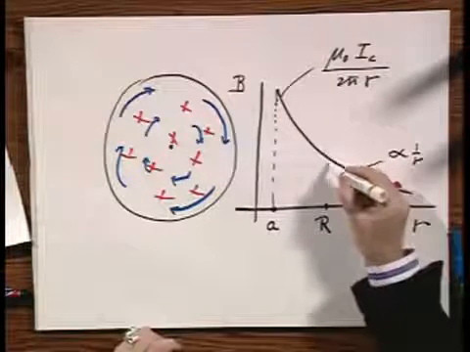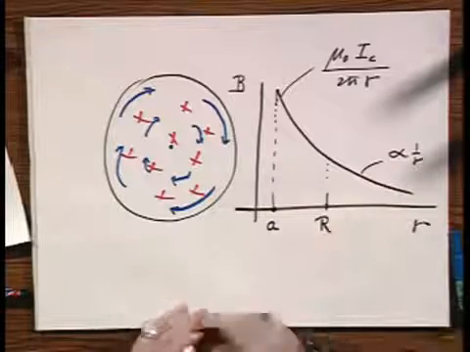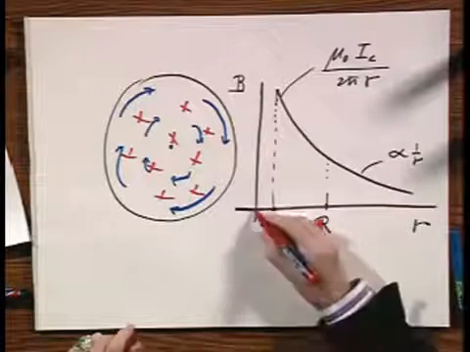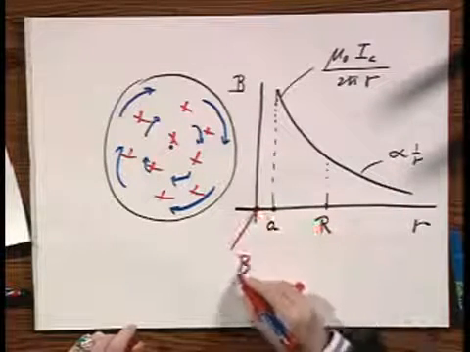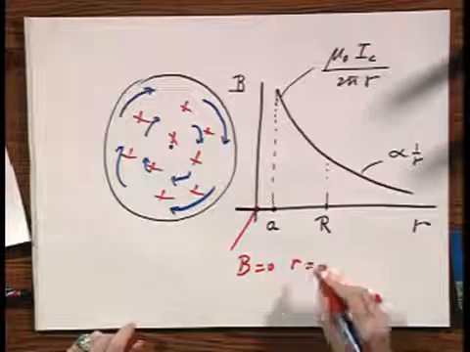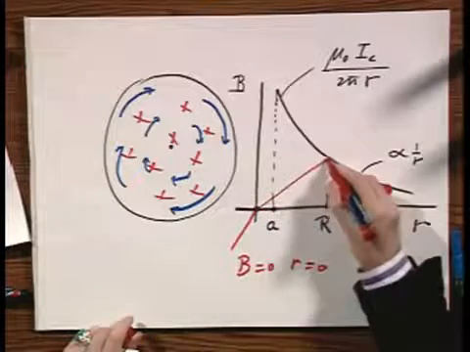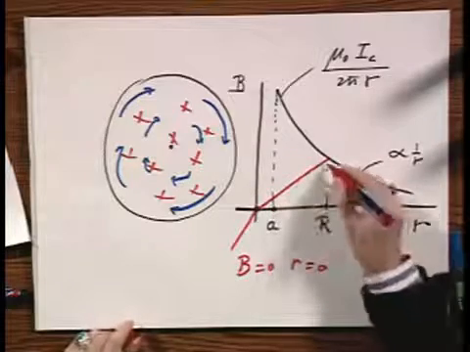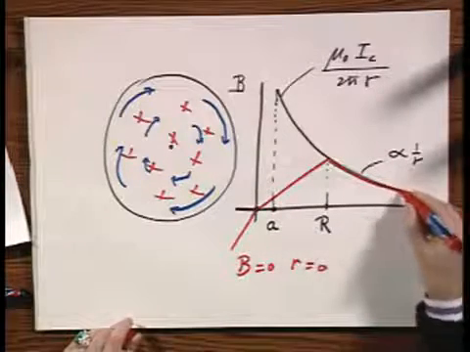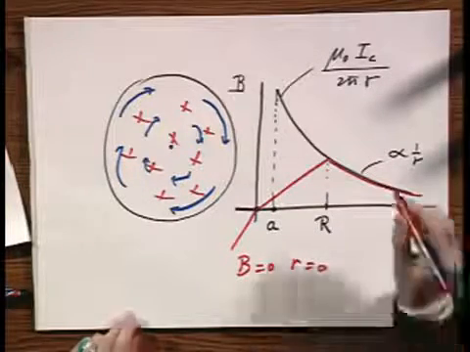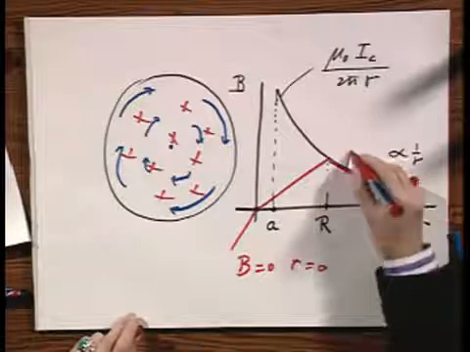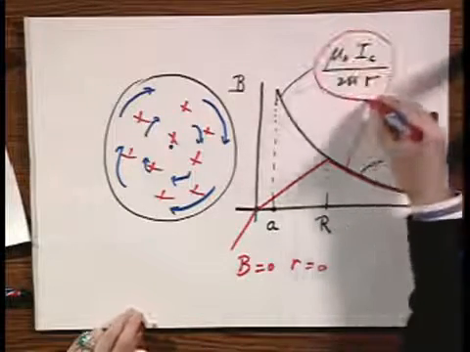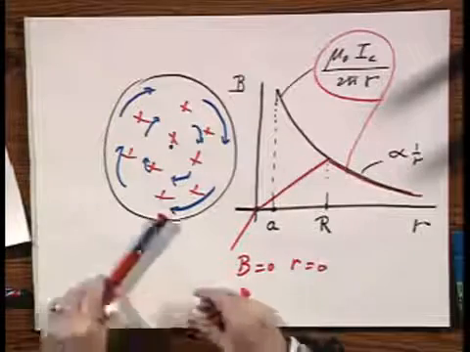When you're talking about in between the capacitor plates, then you can go to r equals 0, B equals 0 at r equals 0. It goes linearly, and then it falls off in exactly the same way as it did before. So this part of the curve here is exactly the same as that part of the curve.